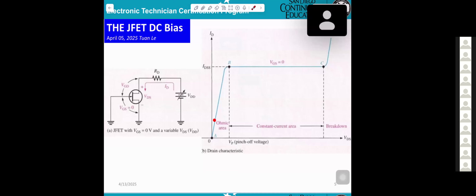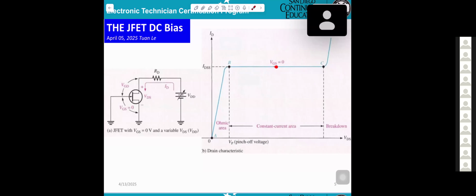When the current goes up to a certain point, that means at the point VDS equal VP, that's what they call pinch-off voltage. And what happened? That means the current ID now will be constant with the VGS equal 0.